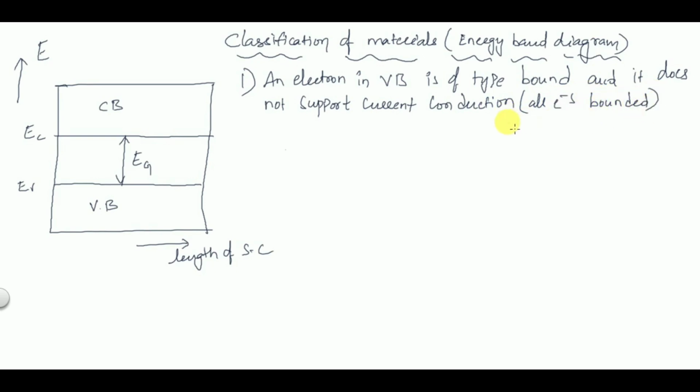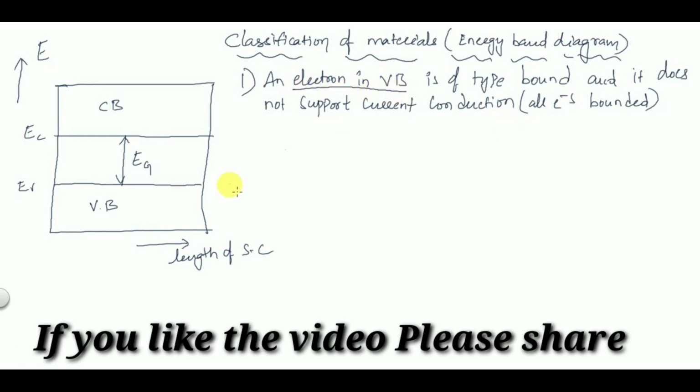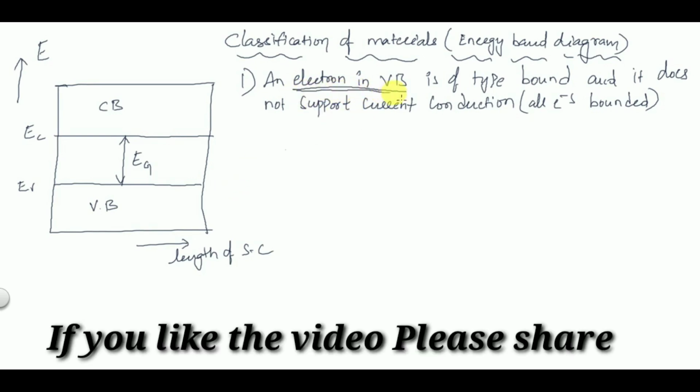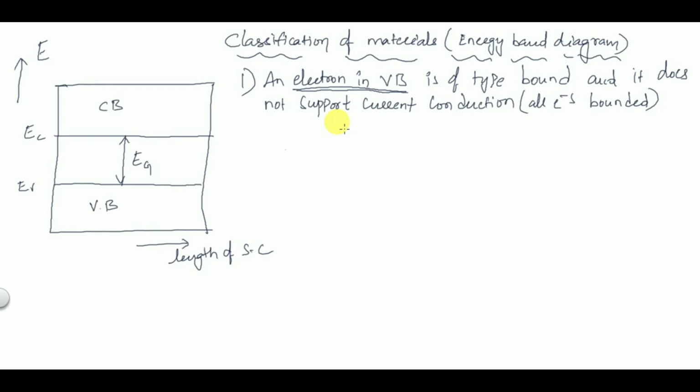So all those electrons are represented by electrons in the valence band. Try to understand the concept clearly.